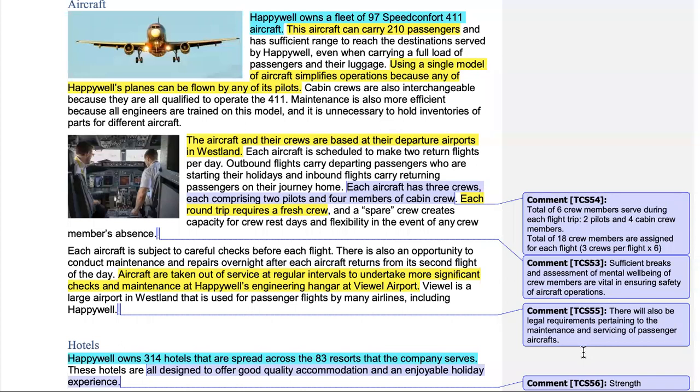Then on top of that, there is a legal requirement pertaining to maintenance of our aircrafts, as well as conducting appropriate servicing of our aircrafts in order to ensure that we provide the utmost levels of safety. So all these things are handled by us as a company.